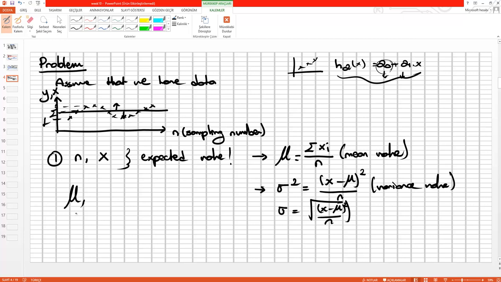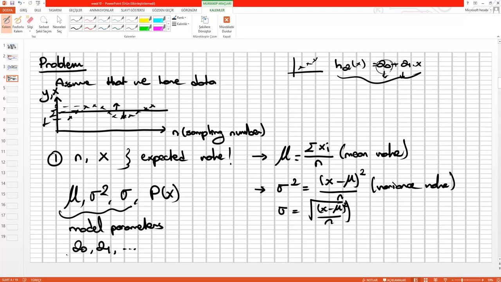If we have the mu value, the variance, the standard deviation, and p of x, how can we create this probabilistic area? By using these terms, because these are the model parameters, like theta 0, theta 1, and so on.